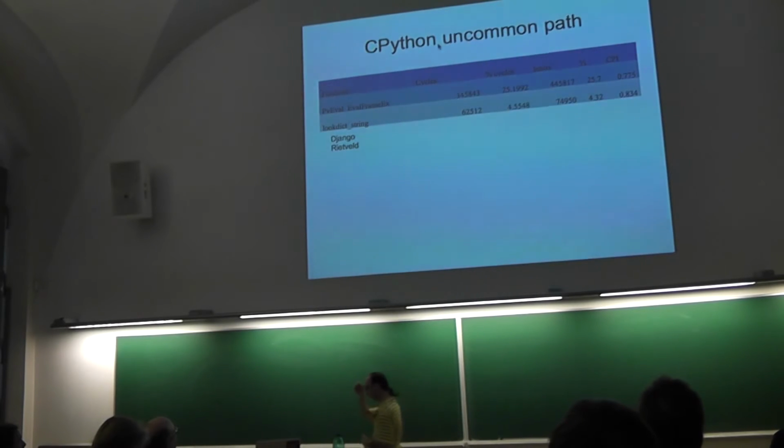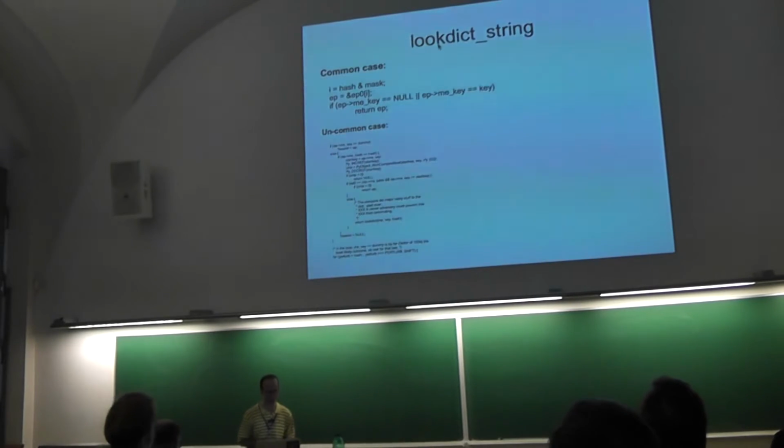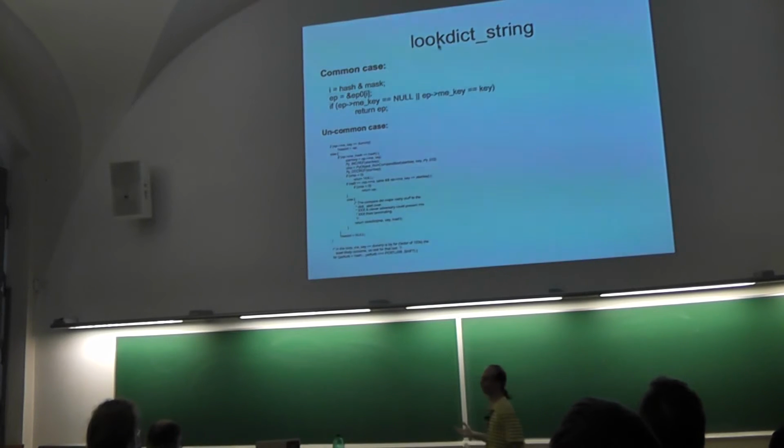And lookdict_string is actually an optimized version of a general dictionary lookup for strings. What happens in that function is there's a very common case for very unpopulated dictionaries. Assuming that it really was a string, it'll calculate this hash, and then normally find the value it wants if it's there in the first bucket.